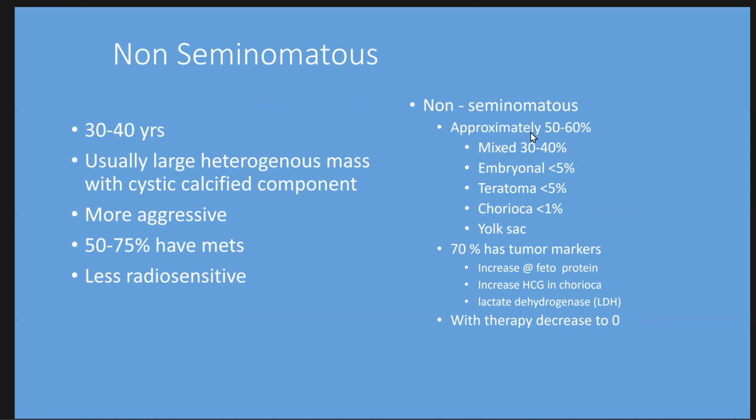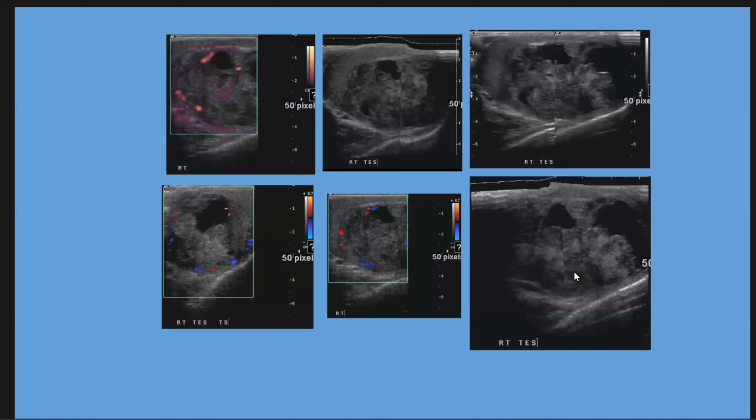As we said, we have more than one type, and tumor markers are increased in about 70%. Here, a patient with a heterogeneous mass with anechoic areas and increased vascularity, proved to be a non-seminoma tumor: mixed germ tumor, choriocarcinoma, and teratoma.